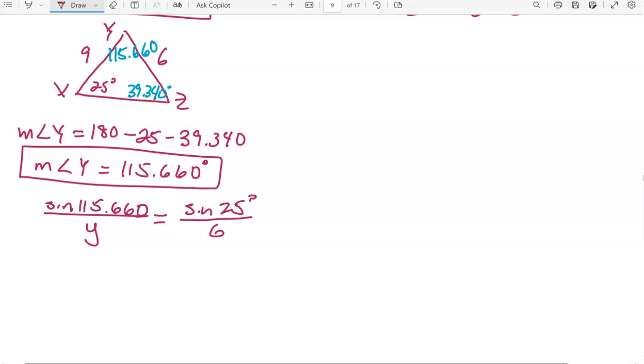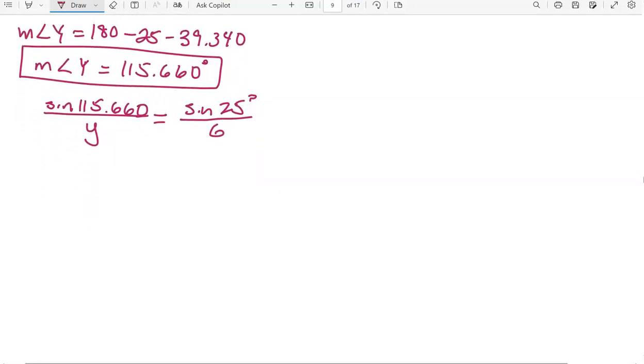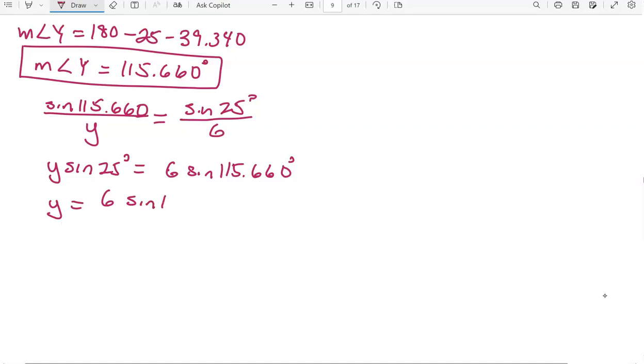We do have one rounded answer already in our calculation, just easier if we don't have to use both. So now let's cross multiply. y times the sine of 25 degrees equals 6 times the sine of 115.660 degrees, if you like. And then y is equal to 6 times the sine of 115.660 divided by sine of 25 degrees.